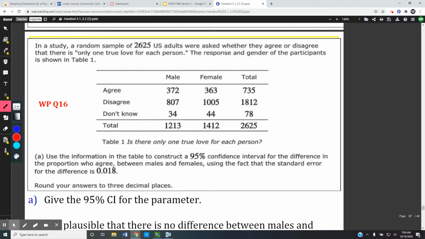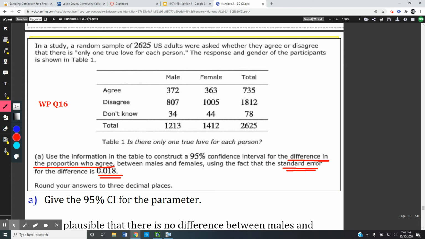So we need the difference in proportions who agree between males and females, using the fact that we're given a standard error of 0.018.